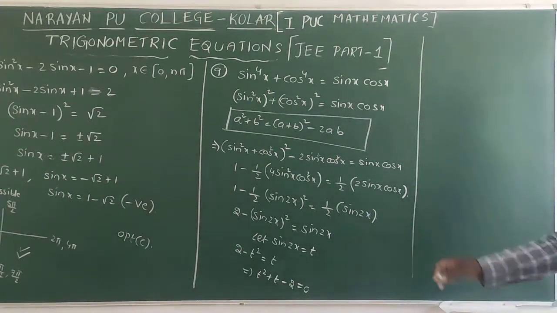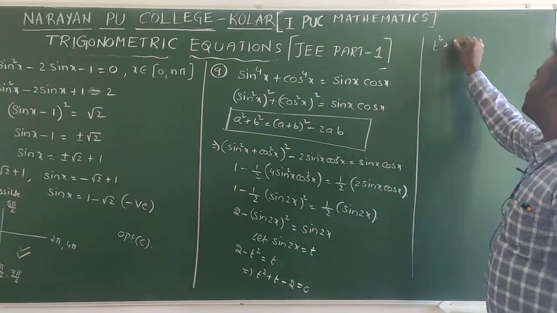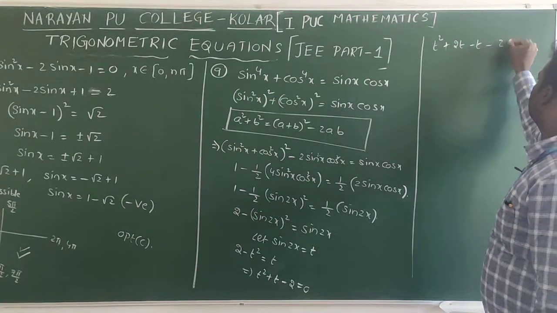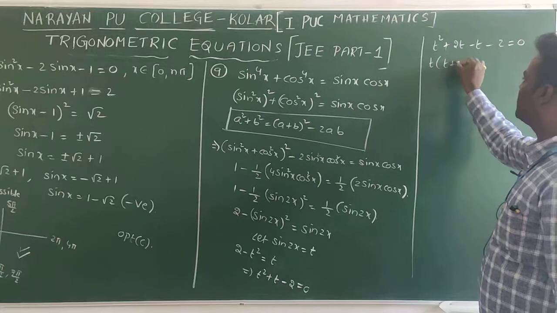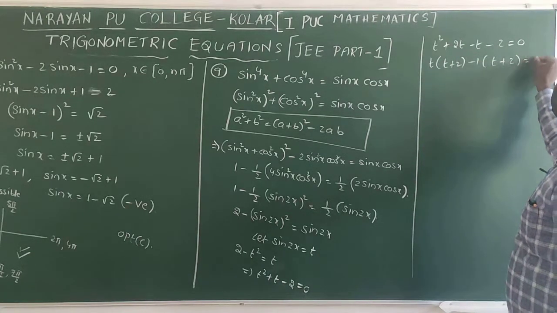So first you will check whether factorization is possible or not. So here this t can be written as 2t minus t, minus 2 equals 0. In the first two terms you take t common, t plus 2, next minus 1 common, t plus 2.